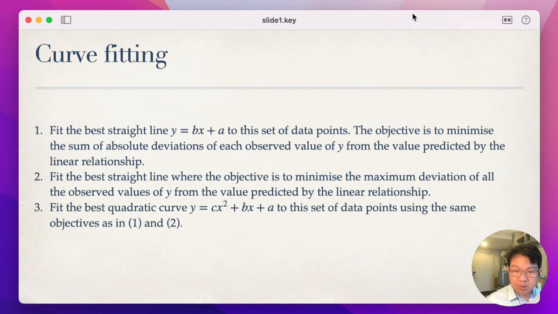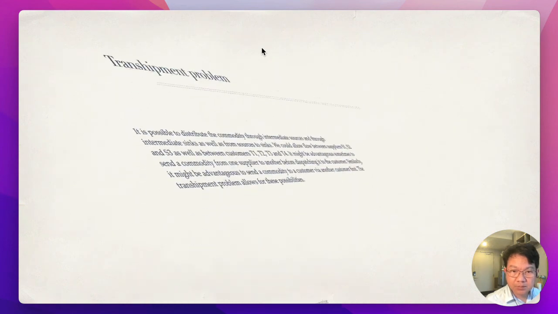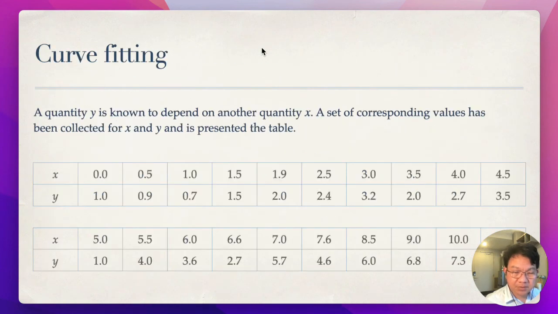So I'm going to write some of the expressions for you, so later you can write it down by yourself. We need this one, it's important, and we have 19 of these. For example, the first point: y is 1, subtract a times 0, minus b, this should be less than E star.